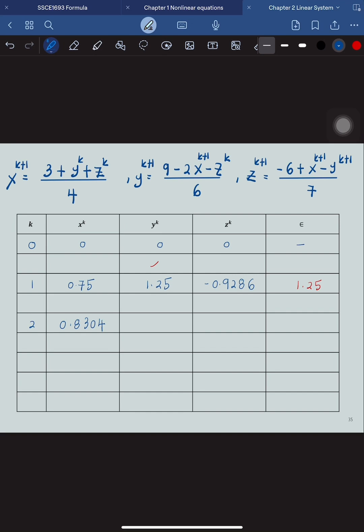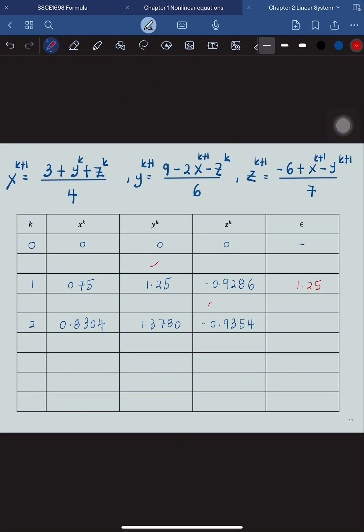For y, 9 minus 2x, with the new value of x, 0.8304, minus z, minus will be plus 0.9286, then divide by 6, so 1.3780. For z, negative 6, new value of x, 0.8304, minus 1.3780 over 7, so negative 0.9354.